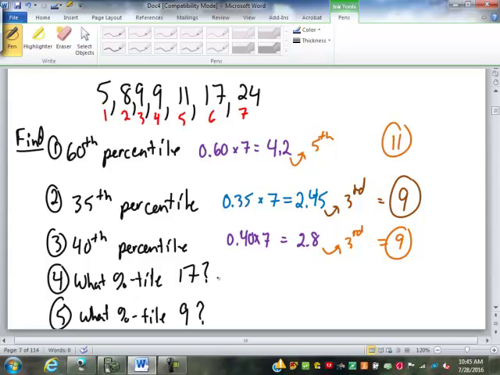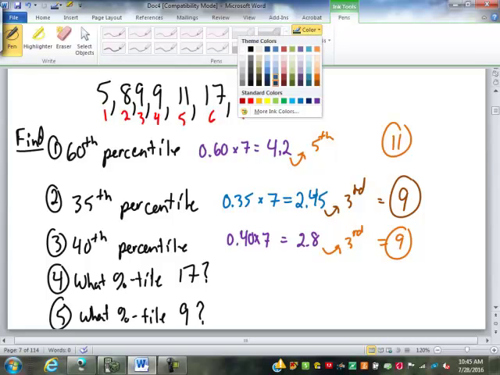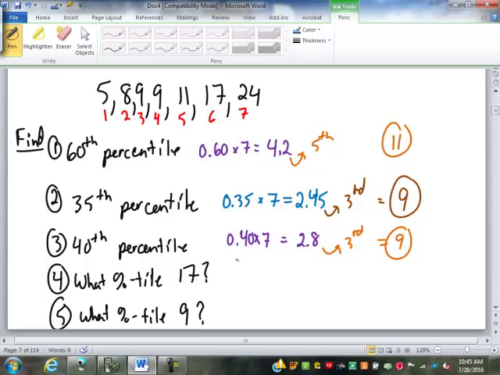What percentile is the 17? Tell me what to do. Okay, there's 5 that are smaller, plus 1 over 2, because there's 1 that's equal, over 7. So that's 5.5 over 7, which is going to give us 0.7857142.9 approximately, right?